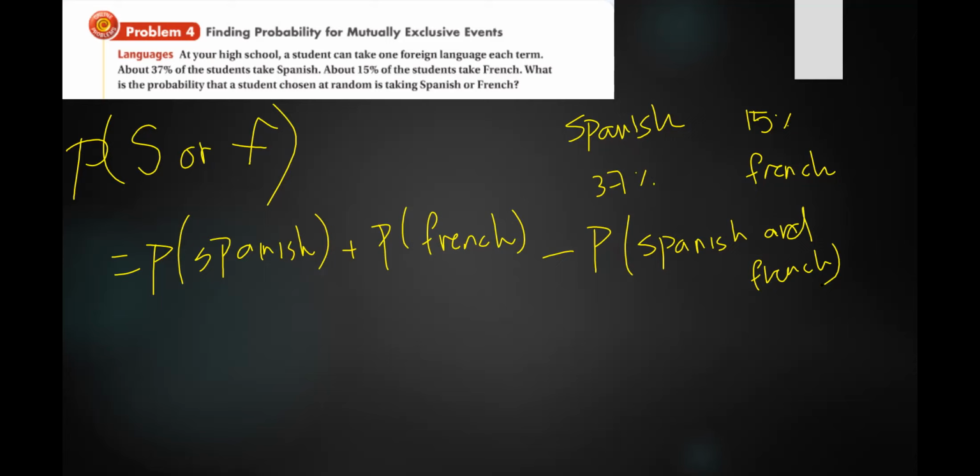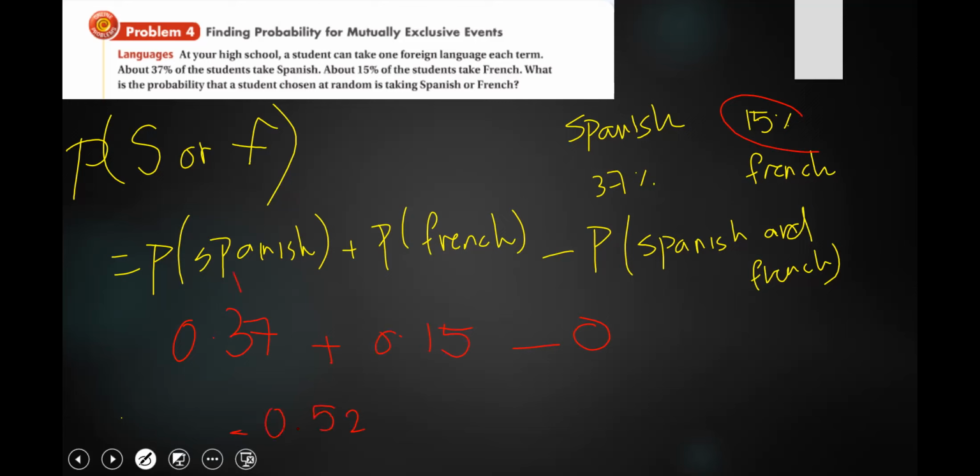You cannot attend two classes at the same time. So what is the probability of Spanish? It is 0.37. French is 0.15. Spanish and French, no one can attend both languages at the same time, so 0. Then I add them: 0.52.